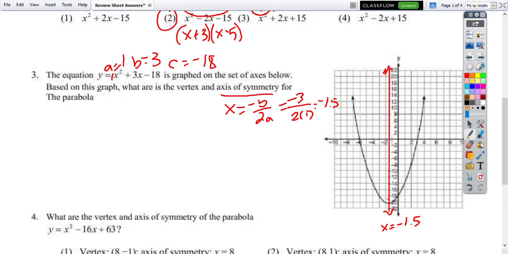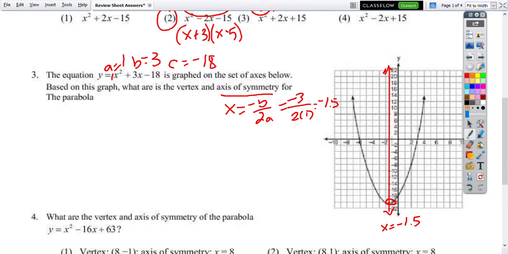And then the vertex is the point at the bottom down there. And what we want to do is just plug that -1.5 in. Now, if we do a graph, we can do that real quick. Okay. So it's x squared plus 3x minus 18.